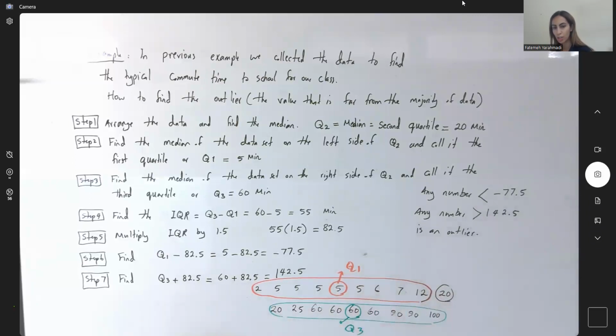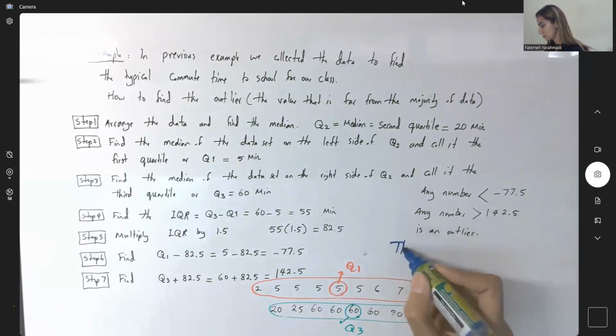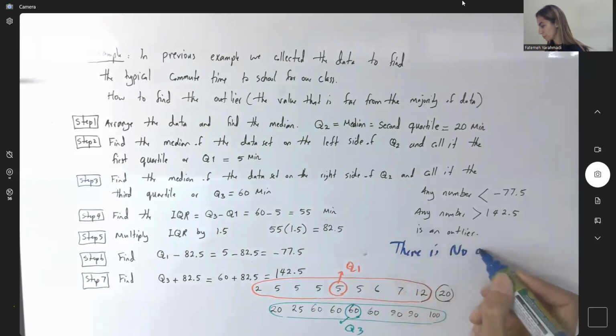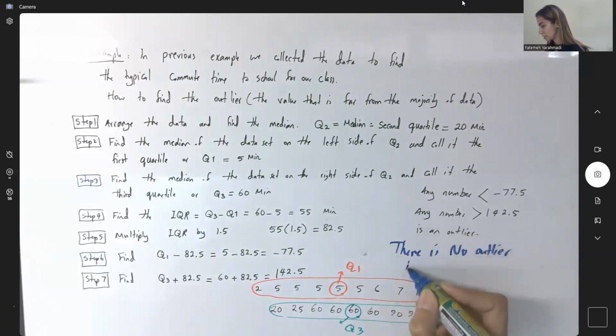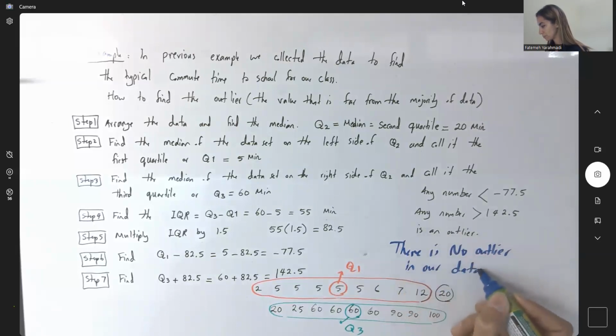As you can see in the data collection, you have 2 minutes, 5 minutes, 5 repeated 5 times, 6 minutes, 7 minutes, 12 minutes, 20 minutes, 60 minutes, 90 minutes, 100 minutes. There is no negative number in our collection, and there is no number more than 142.5 minutes. So what is our conclusion? The data that we collected is pretty good. There is no outlier in our data. We are lucky.